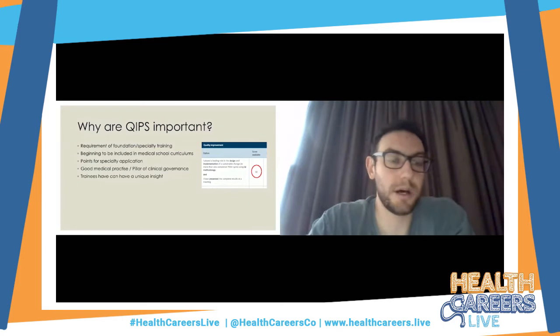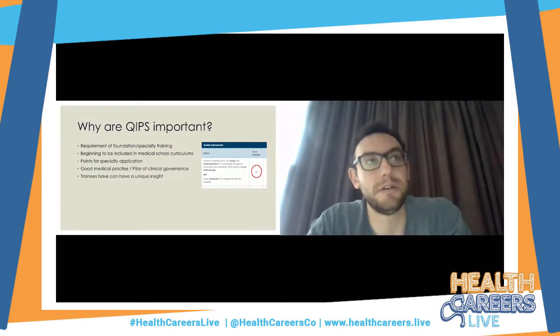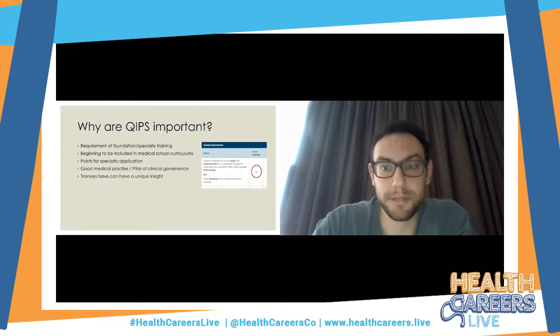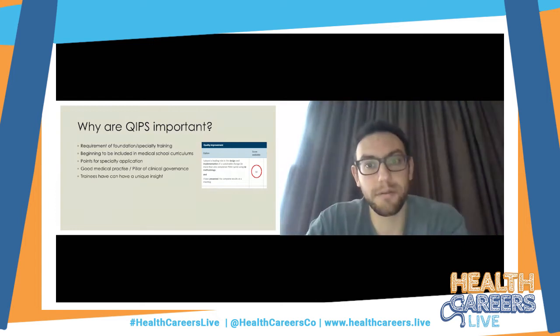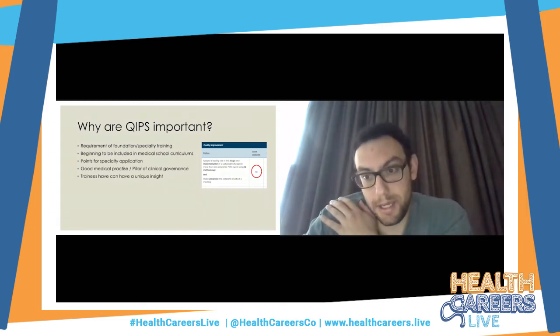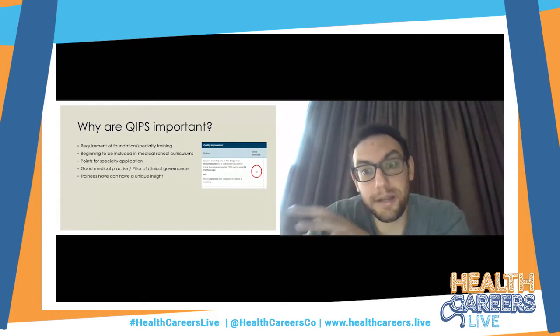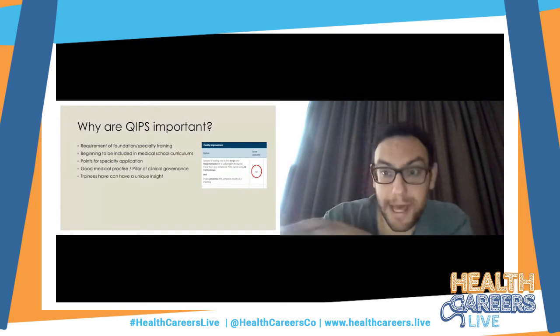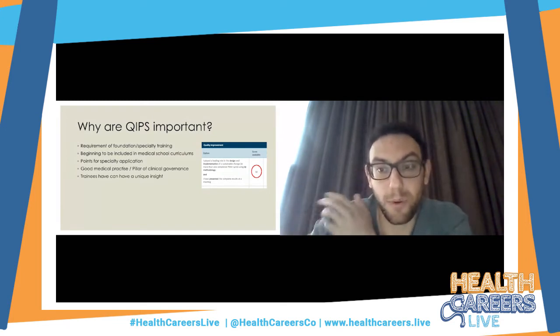The other point is QI projects are worth massive points in your specialty application. For me, I'm interested in applying to IMT, and I'm working on my application at the moment. This box on the side is taken from the IMT application website. You can see a fully designed, thought out QI project with a few cycles, and we'll go on to that in a little bit, is worth 10 points.